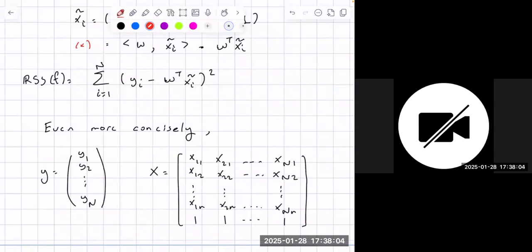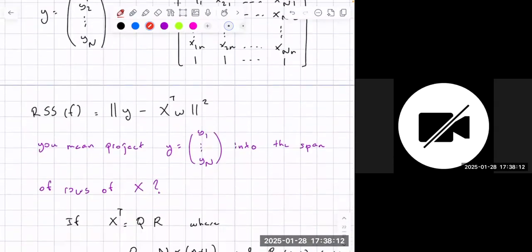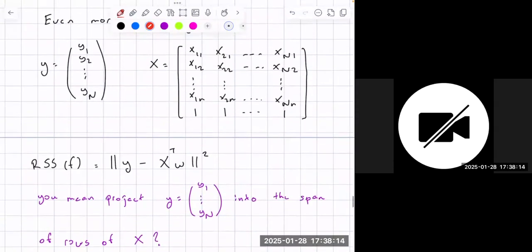The first column corresponds to the first label, the second column to the second label. And what I'm trying to do, if you think about it, is write this y in terms of this thing transposed, multiplied with that weight vector. That's what I'm trying to do.